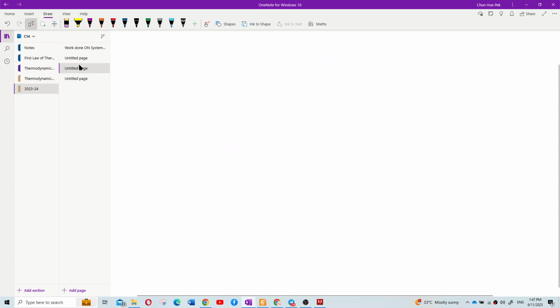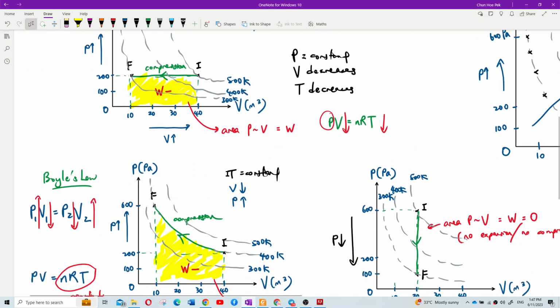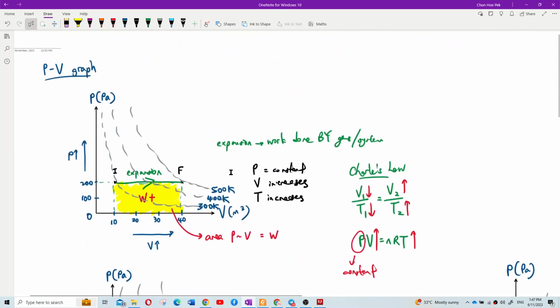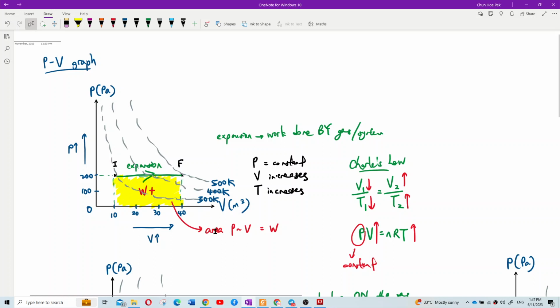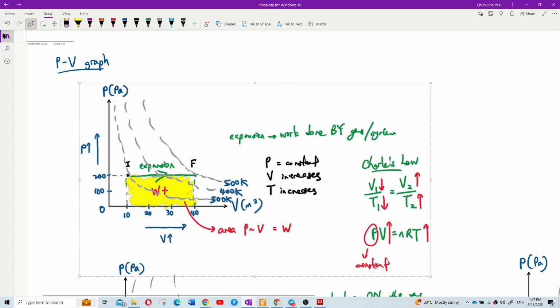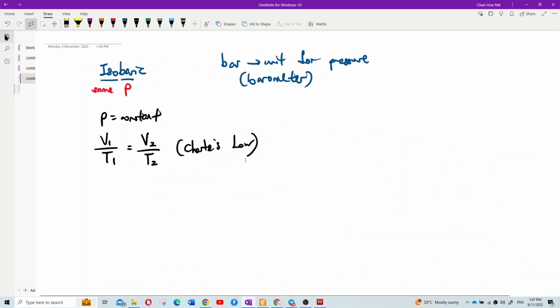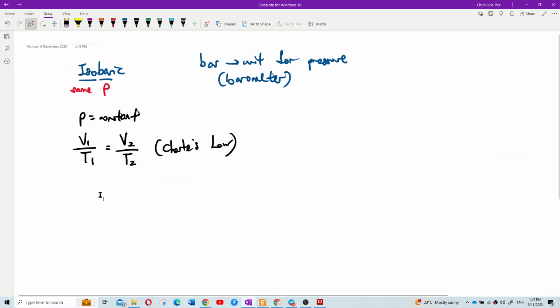Let's just copy paste. Where is our isobaric? All these, class. I don't have to just copy it, and just paste it here.